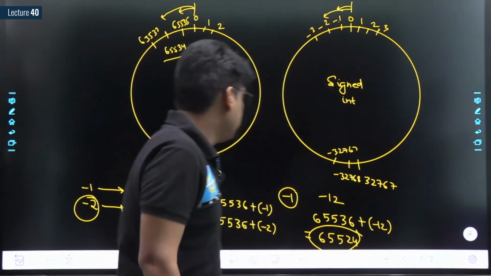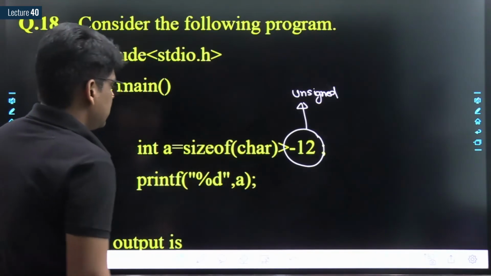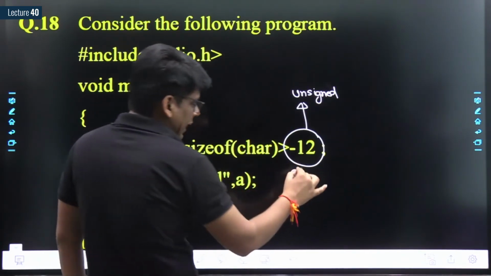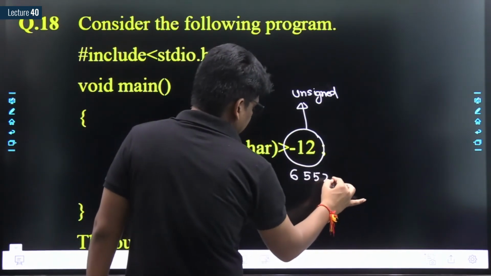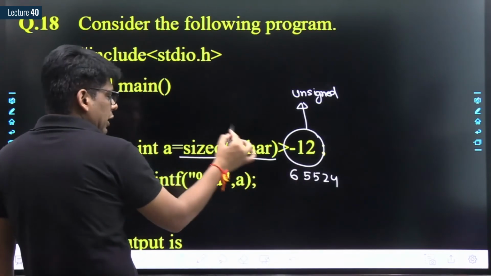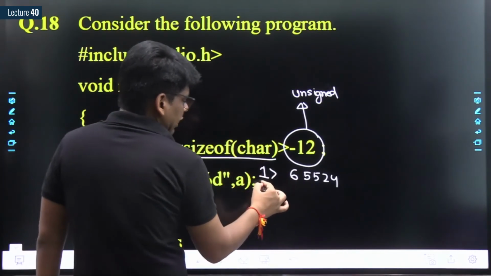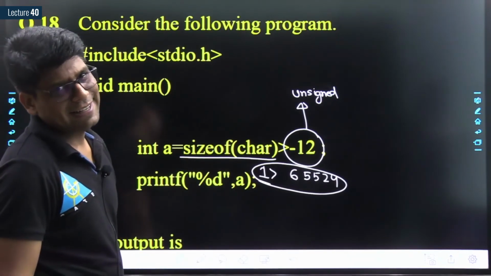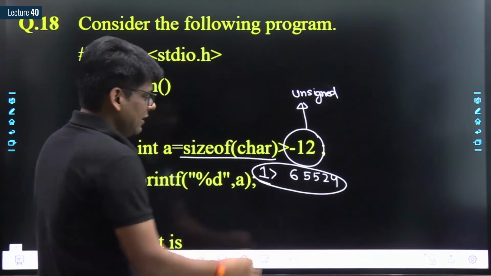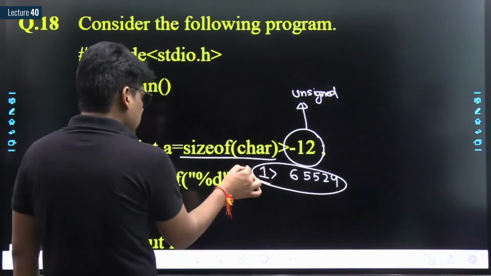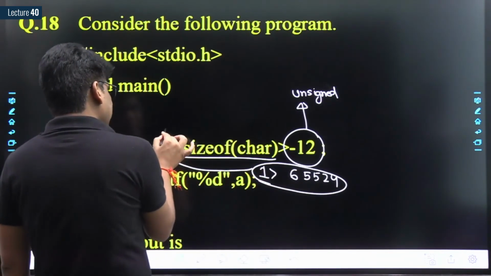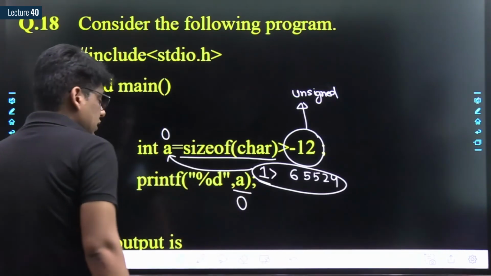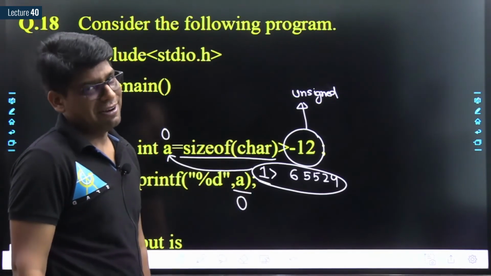So coming back to our question, the unsigned value of -12 is 65524, and the other value is 1. Is 1 greater than 65524 or not? This is false. That means the value that goes inside A is 0, and that's why the answer for this question is 0, not 1.